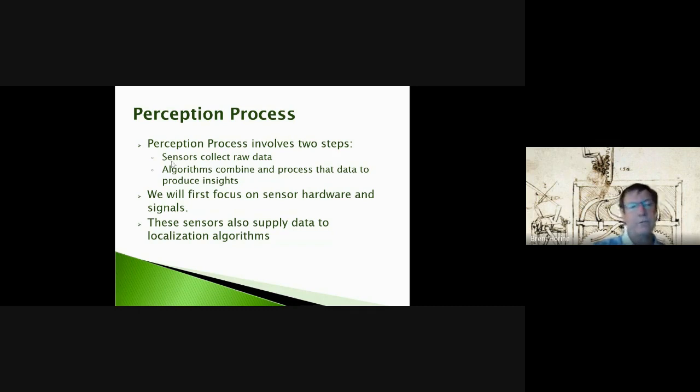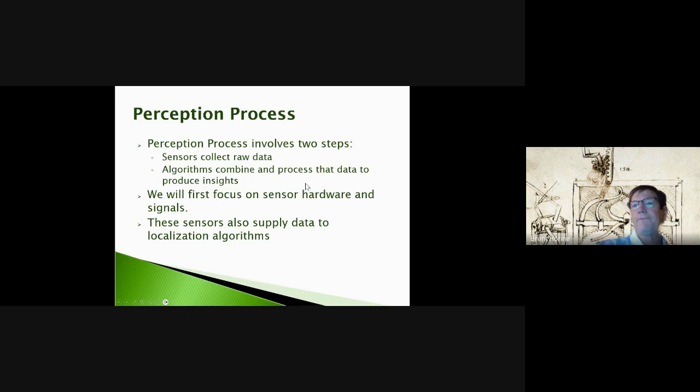So once we probe that physical world, we might sense that via voltage or frequency or something like that, and then we might need to transform that and digitize that, quantize that, and then filter it and that type of thing, right? But ultimately we're producing some raw data that is consumable by these algorithms.